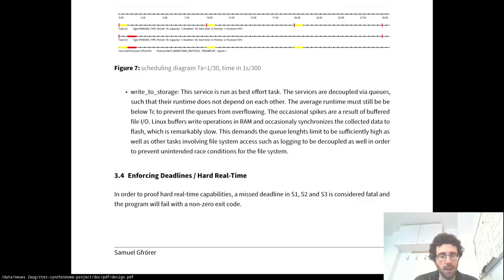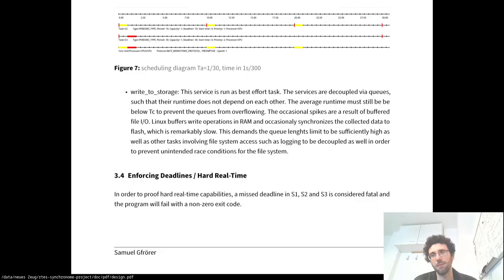The way this is done is that during execution, each service will monitor its own runtime and write it to system log files, but additionally, whenever it misses the deadline specified for this service, this will be considered a fatal error, and this will immediately make the program fail with a non-zero exit code.